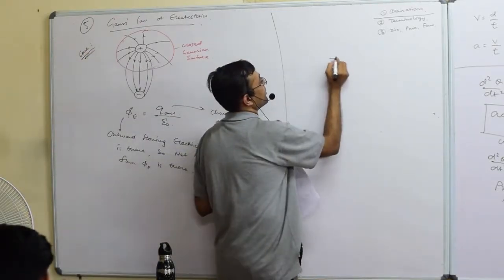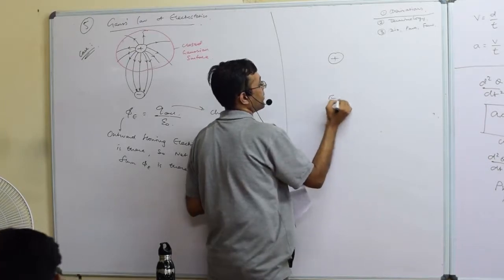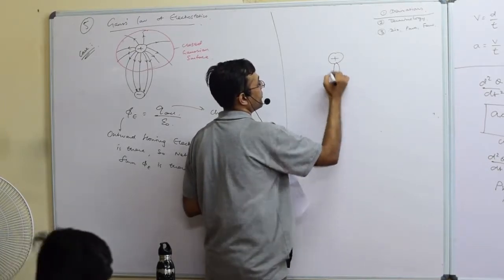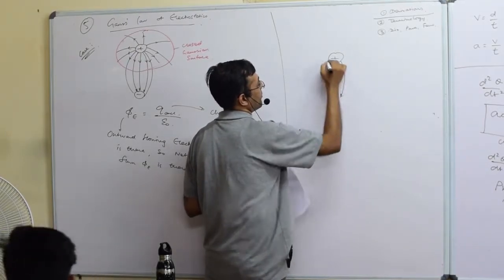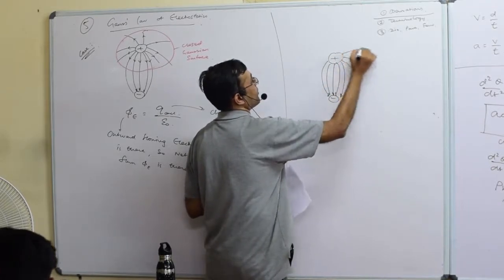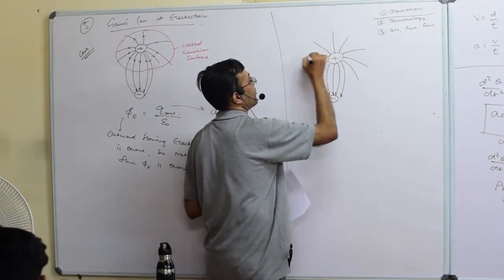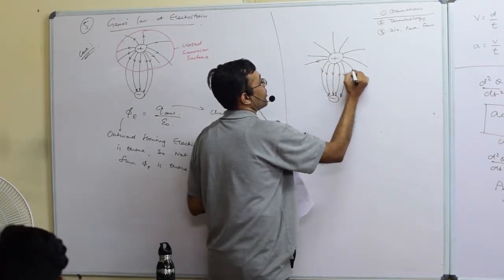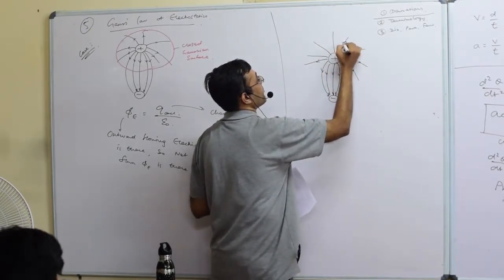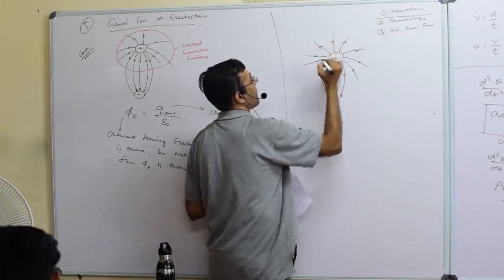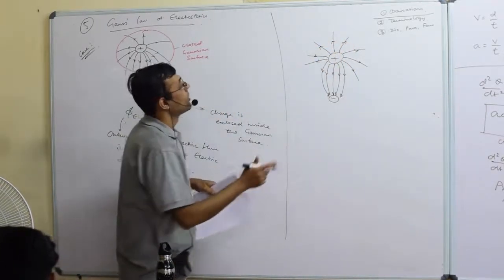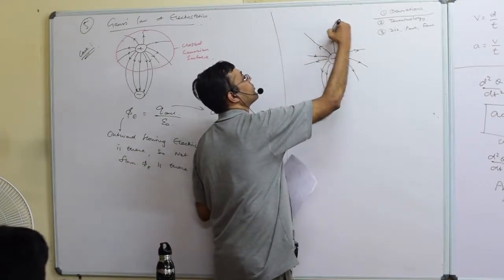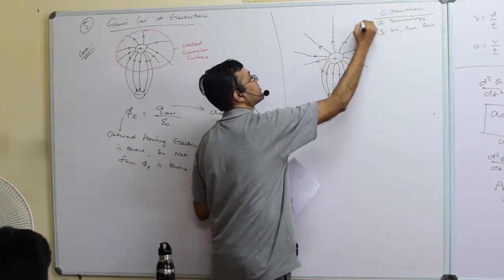So let's assume, take the same thing, minus here, going like this, going like this. So all the arrows are coming out again. But suppose, let's assume that the lines are like this.